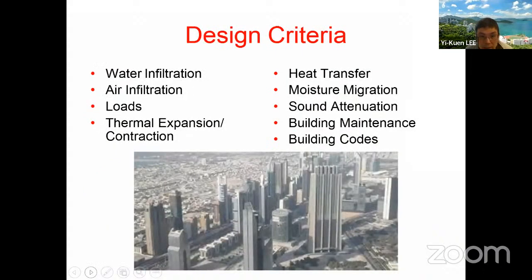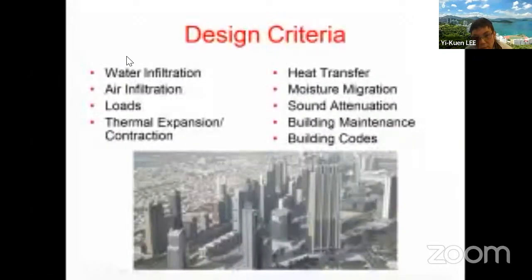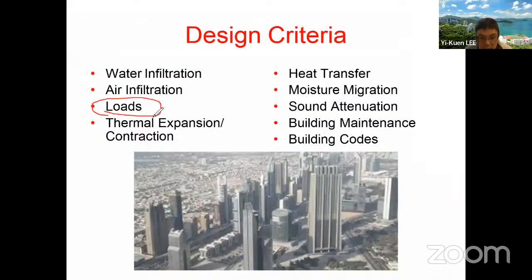In general, for real building engineering, it can be much more complicated. Why think about building design criteria? The most important first criterion for building design is loading: mechanical loading must not cause the collapse of the building. Then you look at other issues: water leakage, air infiltration, and thermal expansion.